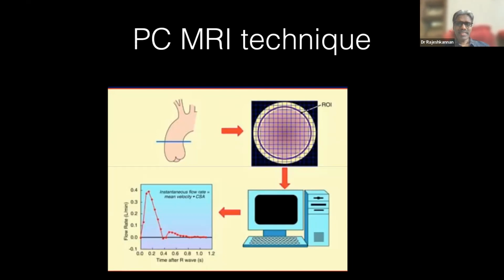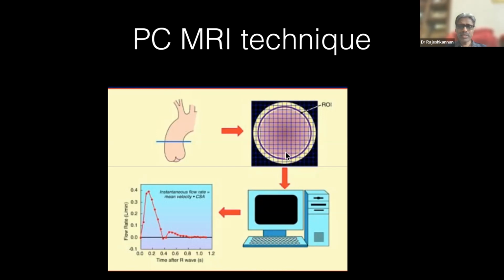To make it very simple, the phase contrast MRI technique used for cardiovascular imaging basically contains flow information. We do a cross-sectional imaging across a vessel, and that image has flow information, including the velocity of the spins inside the particular structure.